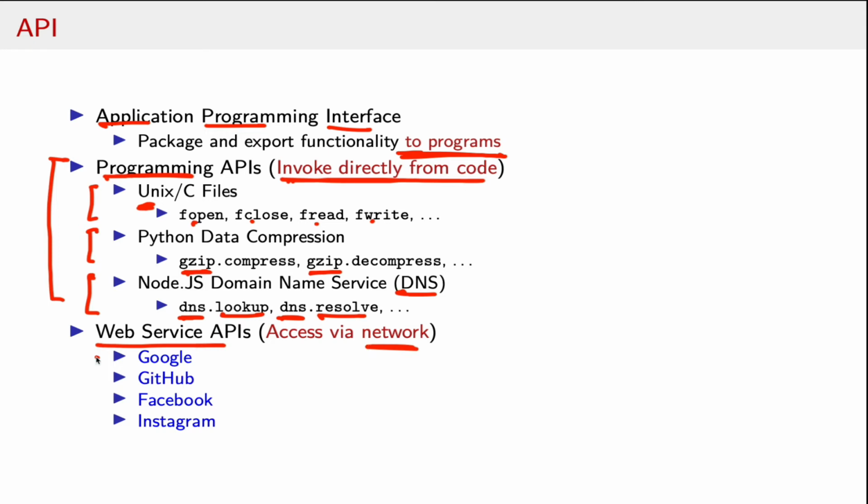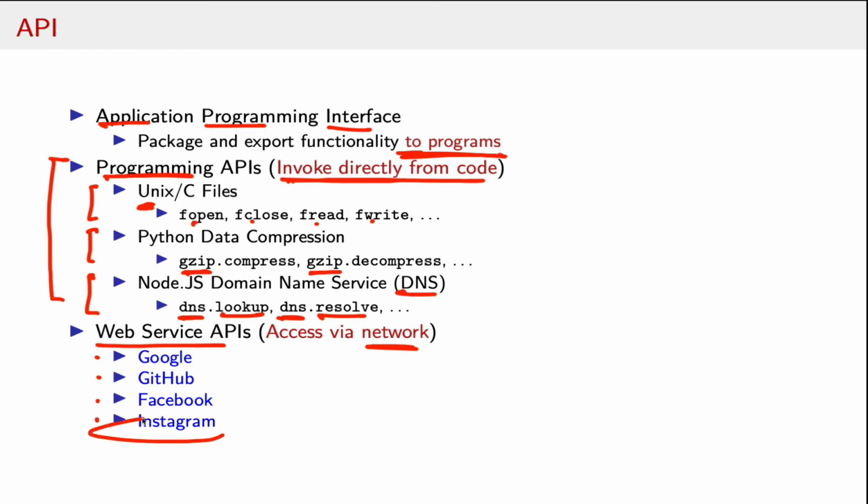So you can talk to the Google API, the GitHub API, the Facebook API, the Instagram API, right? These are all alternative mechanisms for accessing the functionality that's available on these various websites that make it easy for your program to talk to the interface.